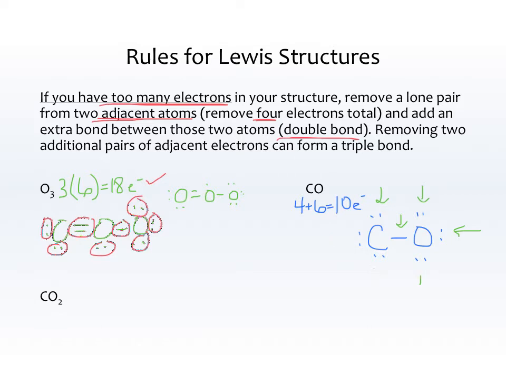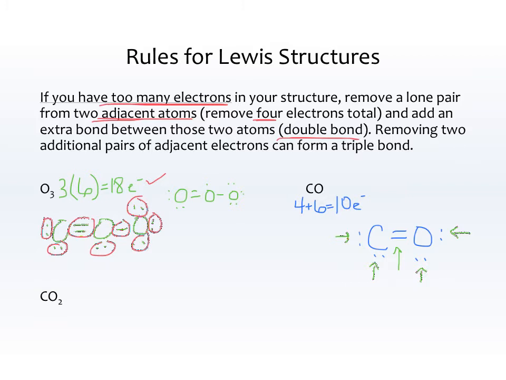So what I'm going to do is remove 2 pairs from 2 adjacent atoms. I'm going to pick 1 from carbon, 1 from oxygen, and replace those with a bond. Now let's count. 2, 4, 6, 8, 10, 12.